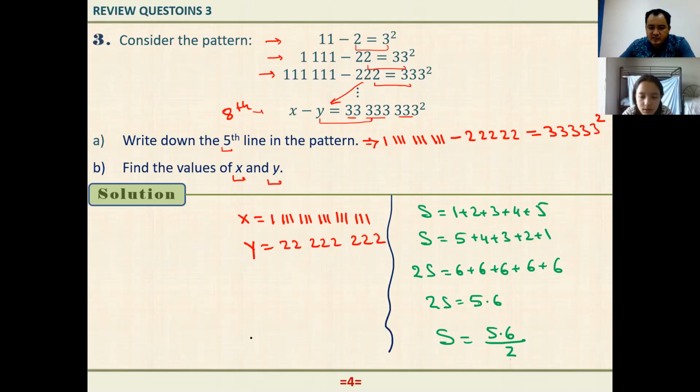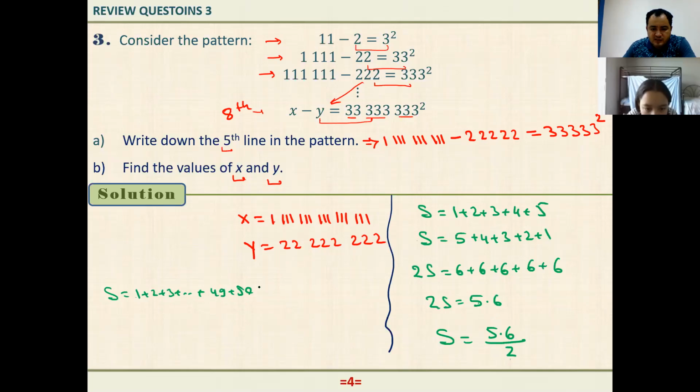Okay, so using this formula now I can evaluate this. What is this sum, 1 plus 2 plus 3 plus, let's say, 49 plus 50? These are the first 50 natural numbers.